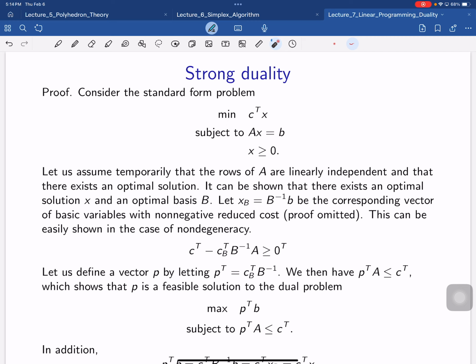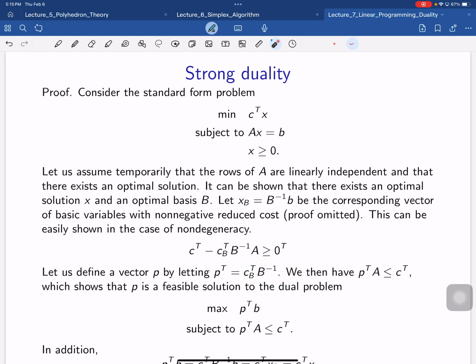Assume you can always get such a solution with non-negative reduced cost. This is how you calculate the reduced cost. Then let's define a vector p equal to c_B transpose B inverse. This does occur in the formula of the reduced cost.